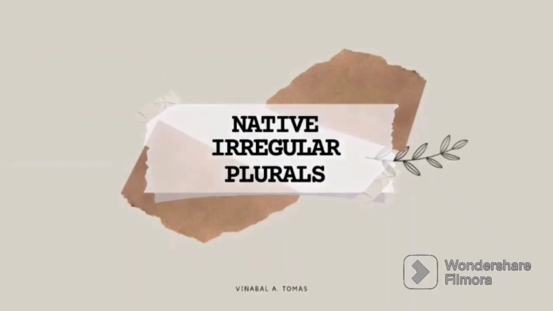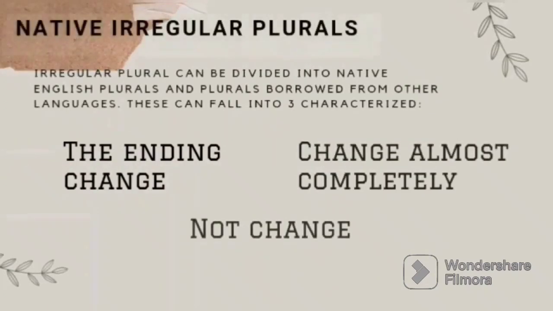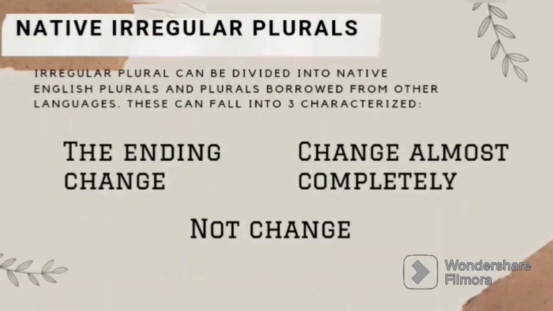Native irregular plurals. It occurs when the plural doesn't follow the pattern of adding es, ch, sh, or any other sound. Irregular plurals can be divided into native English plurals and plurals borrowed from other languages.